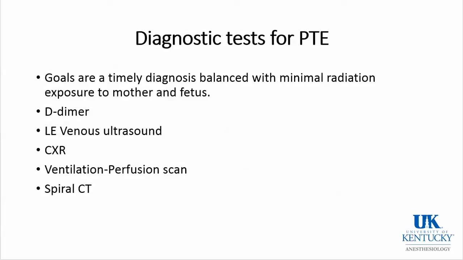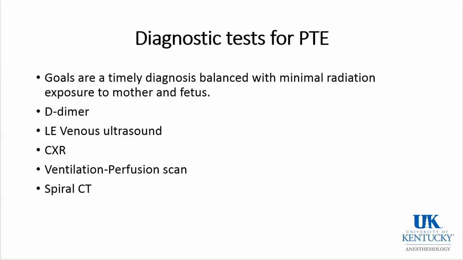So testing for pulmonary thromboembolism is very much a balance between exposing the mother and fetus to minimal radiation, as well as trying to get a timely diagnosis. Of course, you can always think about a D-dimer, which is a very non-invasive test. With a negative result, the probability of pulmonary thromboembolism is less than 2% in a non-pregnant patient, and no further testing is required.